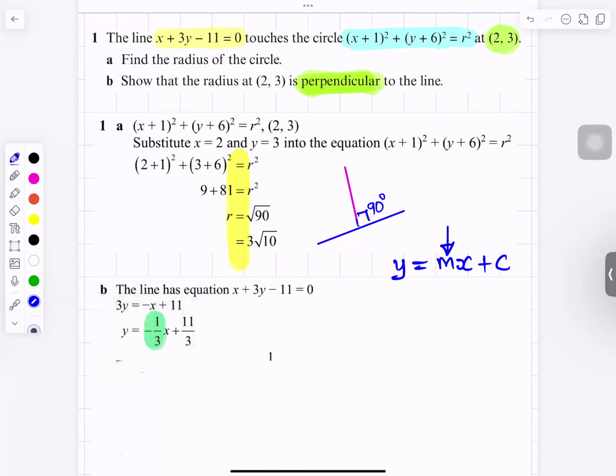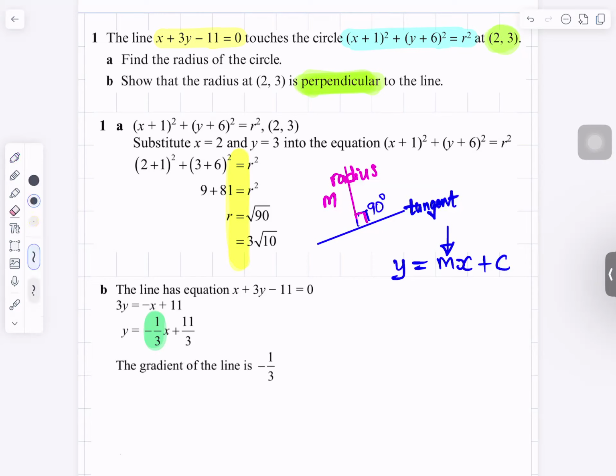If the blue one is a tangent, the pink one is the radius. The rule is that tangent and radius meet at 90 degrees. So the gradient of the radius is minus 1 over the gradient of the tangent.